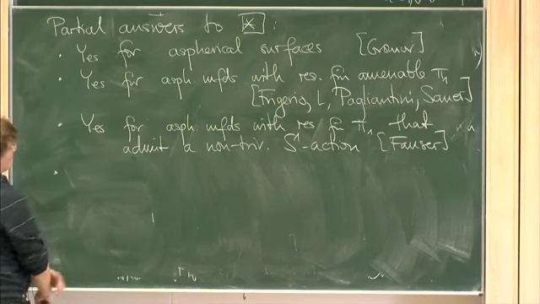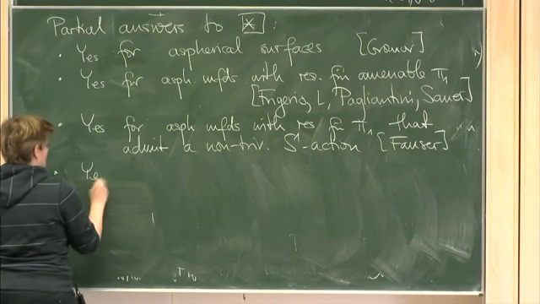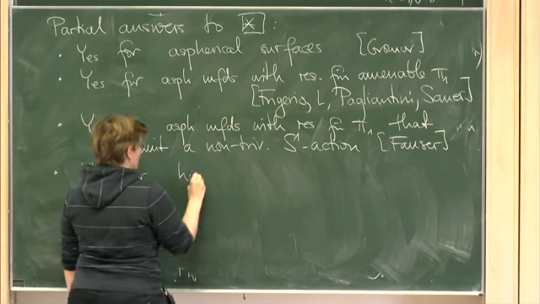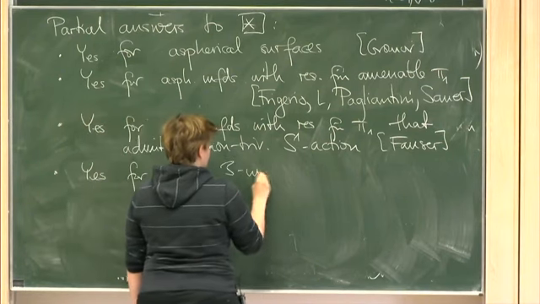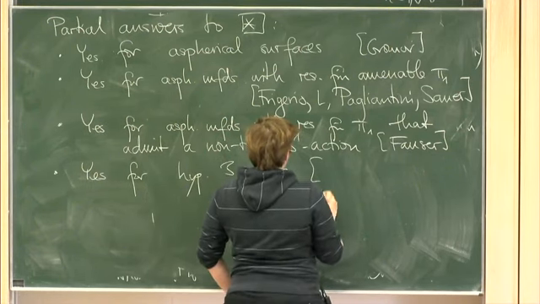And then what else have we got? Well, we could look for higher dimensional hyperbolic manifolds, right? This is very natural. So let's see. Also, it's yes for hyperbolic 3-manifolds. And, well, how do you prove that?